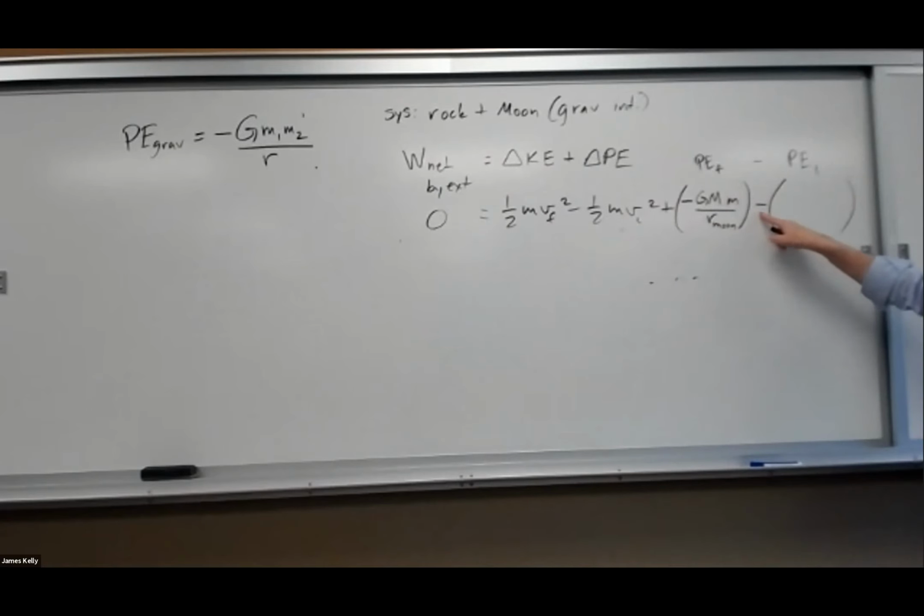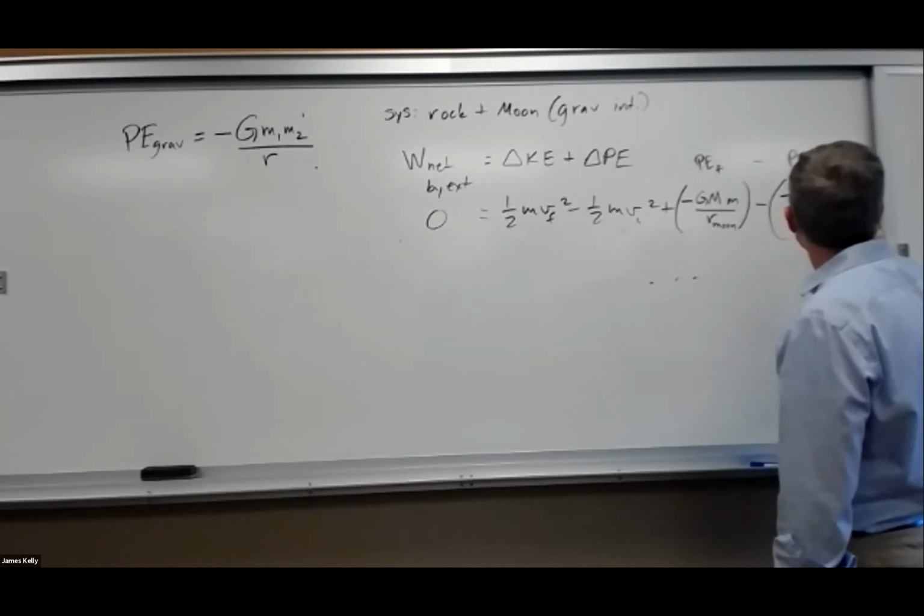Minus, and again, this potential energy function has its own minus sign that goes with it. G times the mass of the moon times the mass of the rock divided by, what's the initial R that I should be substituting in there? 2 times the radius of the moon, right?